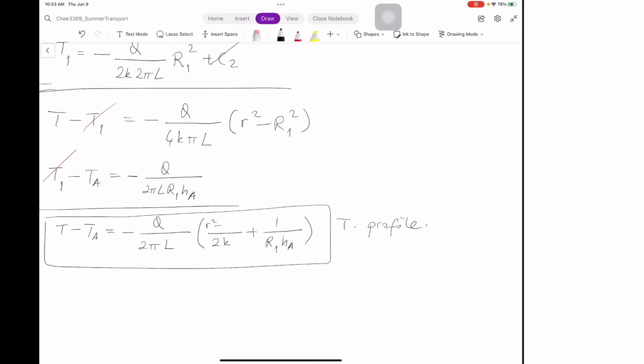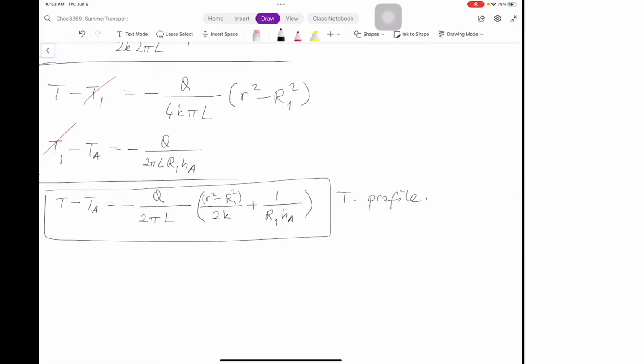Yeah, I was saying, where is this lowercase r, which T depends on? Okay, is that clear? Everybody? Any questions?